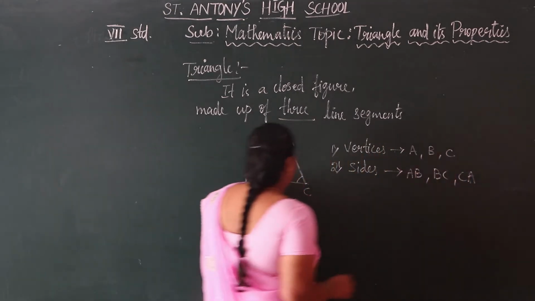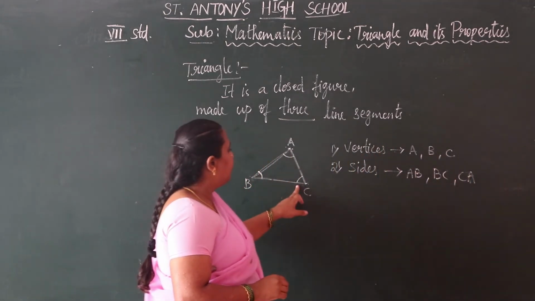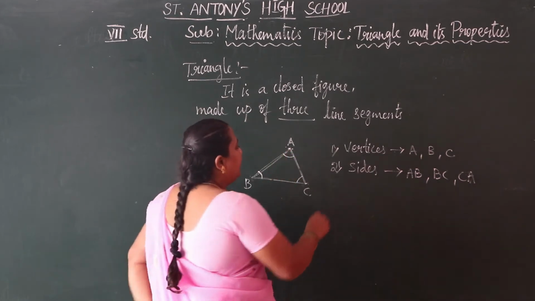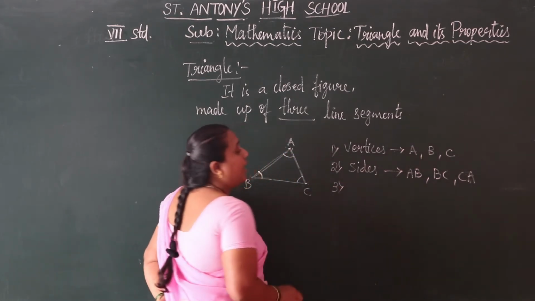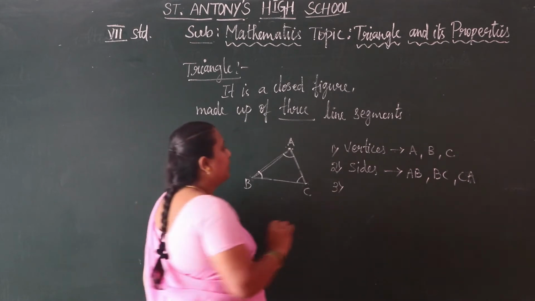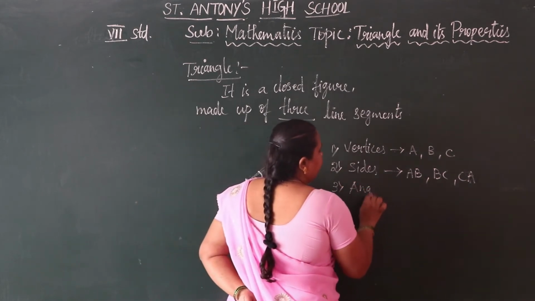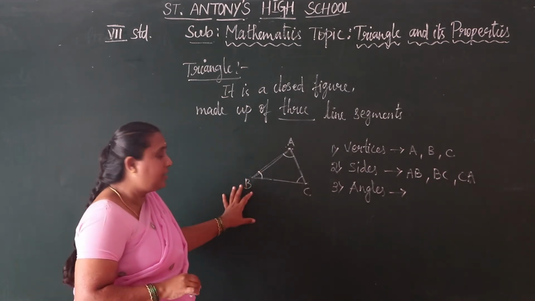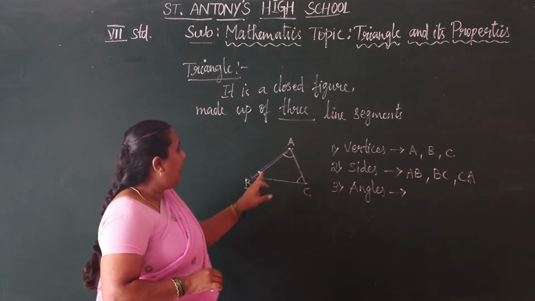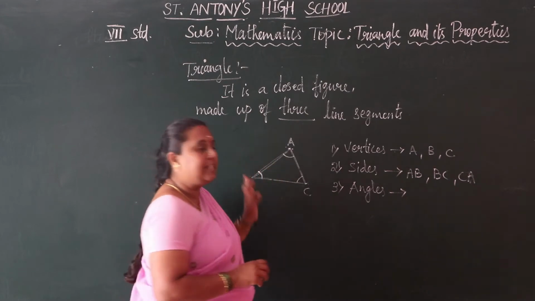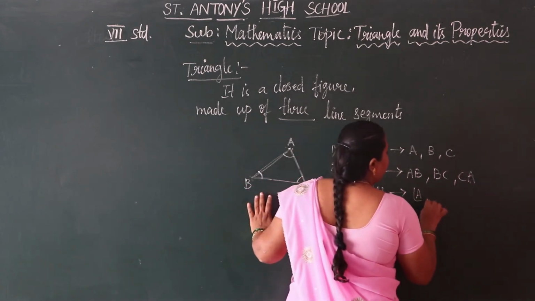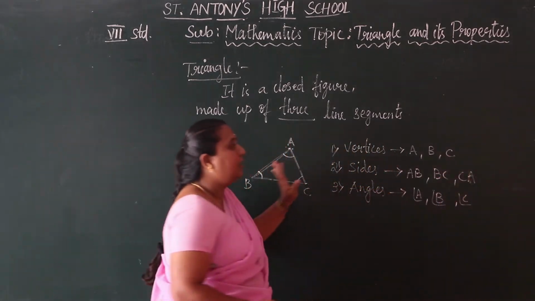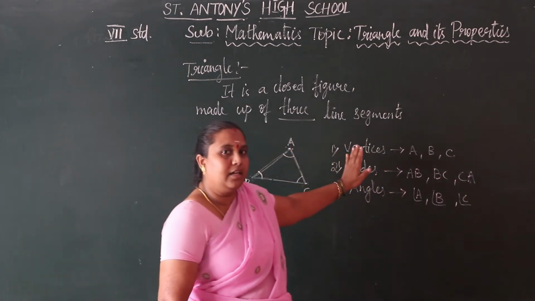Sorry children, AB, BC and CA are the three sides. The third part of the triangle is angles. What are the angles in this triangle? Angle A, angle B and angle C. These are the parts of the triangle.